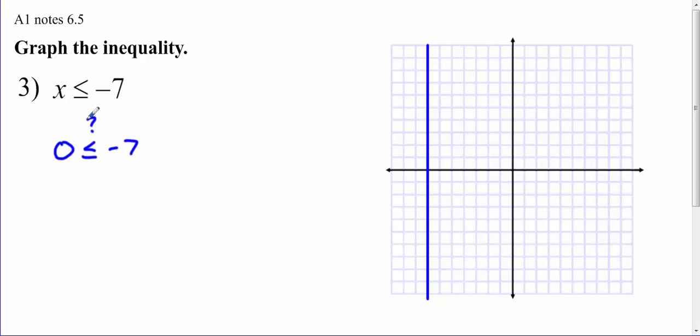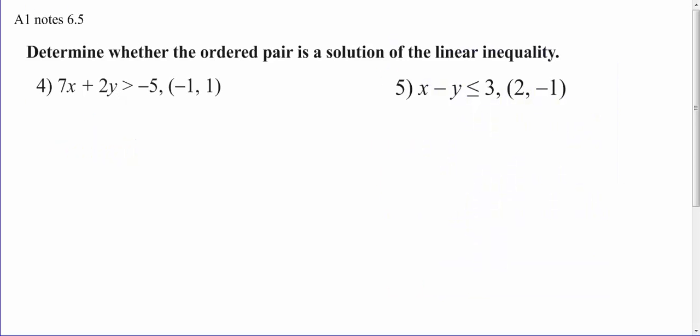That's the question we've got to ask ourselves. And of course the answer is no. So this is not part of the solution. We would shade to the left. And I'm sure some of you are thinking, when you saw that it's less than, obviously it's to the left. I get that, and feel free to go ahead and do that. So shade to the left. Vertical line, all the solutions fall left of it.